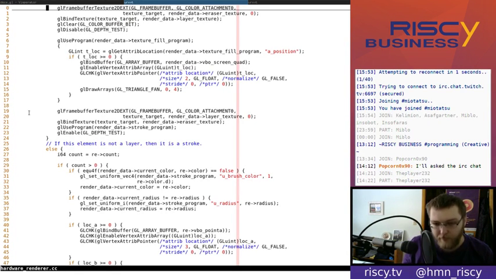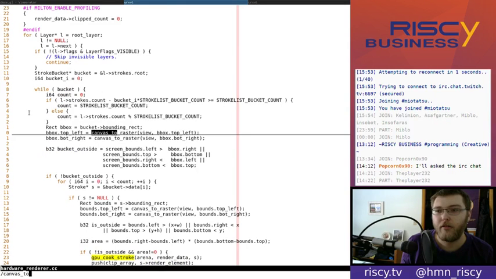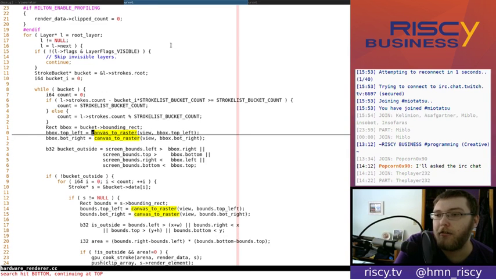So what was that? It was canvas to raster. First of all, let's make a note of how it's actually called.